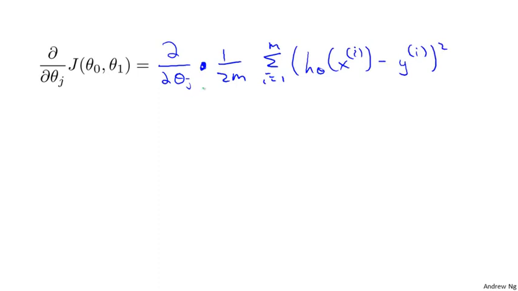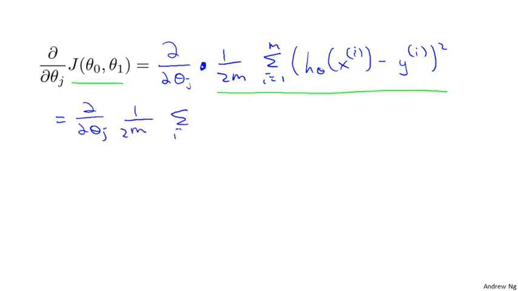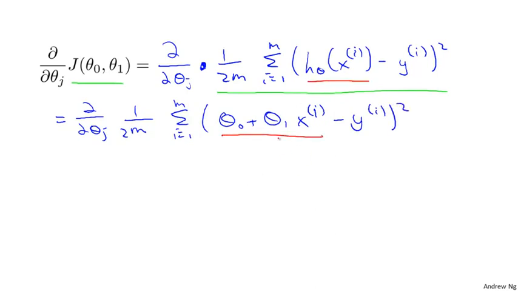And all I did here was plug in the definition of the cost function. Simplifying a little bit more, this turns out to be equal to the sum from i equals 1 through m of (theta 0 plus theta 1 x^i minus y^i) squared. And all I did there was take the definition for my hypothesis and plug it in.